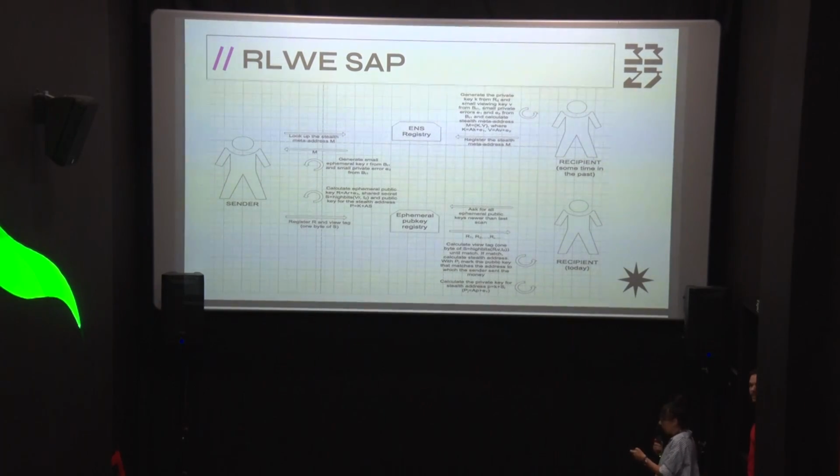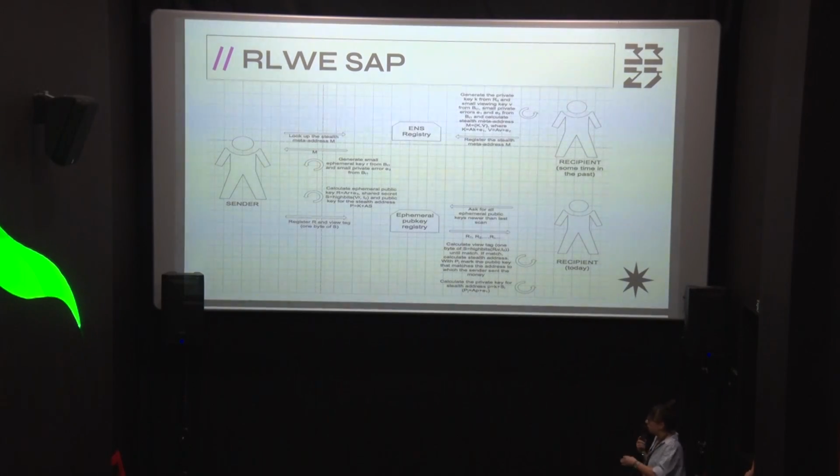And Bob will have the private key for this new address, and this private key will be the result of the addition of his private key for his stealth meta address and the shared key. And of course, we know that we will obtain the public key as a result of multiplying this polynomial private key with the public polynomial and adding error. So this will be the address of Bob, and Bob knows the private key for this address.